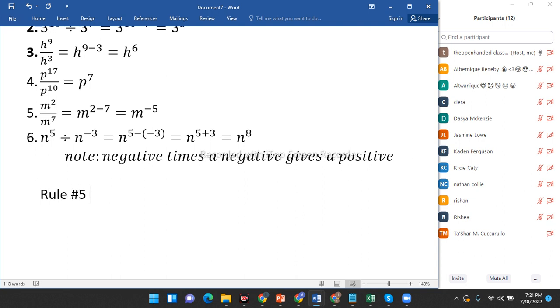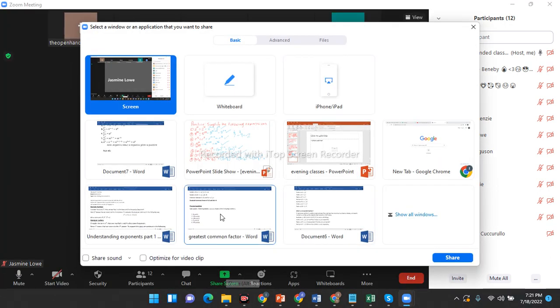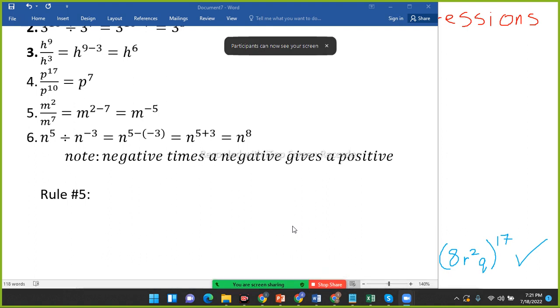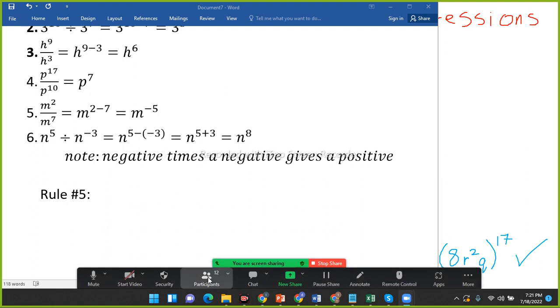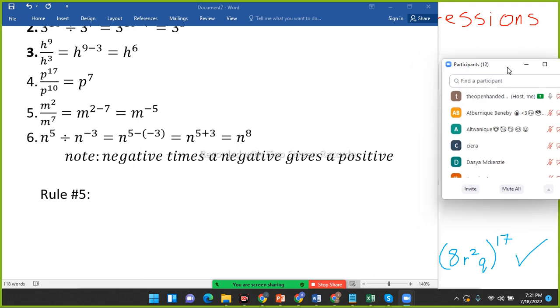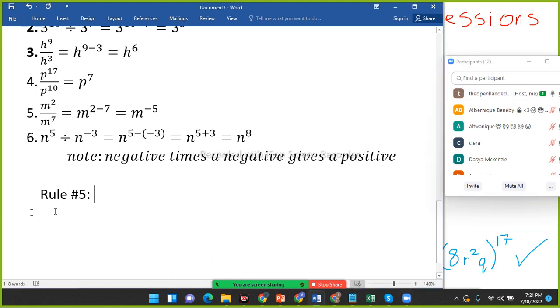All right, so how do we put rule number 5 into words? Yeah, you can't see my screen? My screen is not sharing? Okay, they say you can't see my screen, so I have to fix that. Thank you, Jasmine. All right, I guess it's sharing now. Good. Maybe we could get some more space. Yeah, so rule number 5.